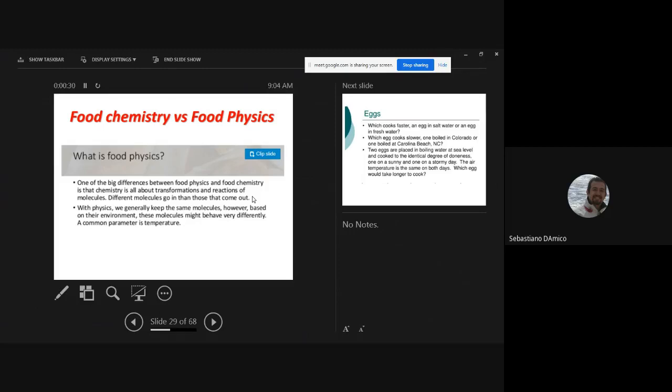Today we're going to have a look at food physics, some particular phenomena from the physics side. In this case, we are not considering any transformations or reactions, but how molecules eventually behave differently, subject to different physical variations.